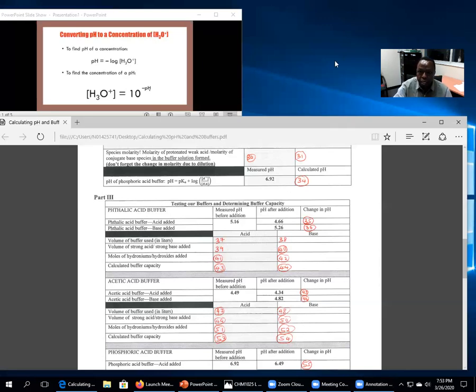Please use the chat window and tell me what is the volume. You got to figure out what it is. What is the volume of the buffer solution used to test? Can you use the chat window? Look at the direction.